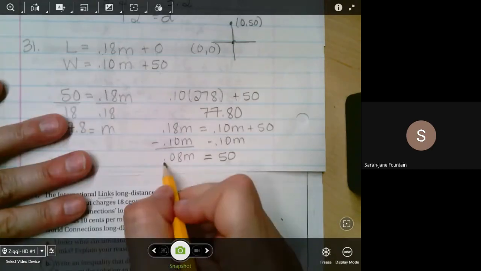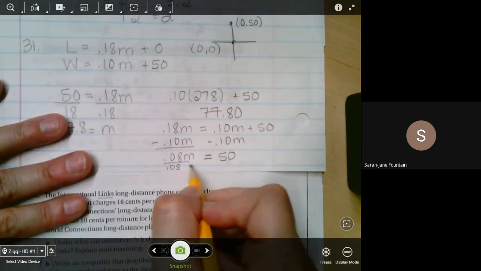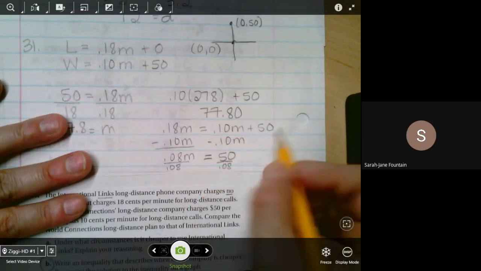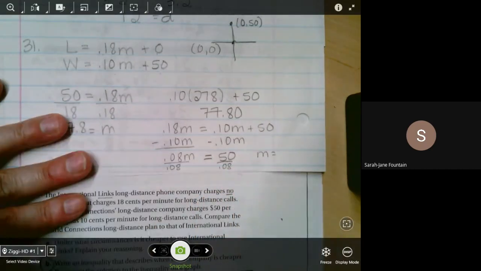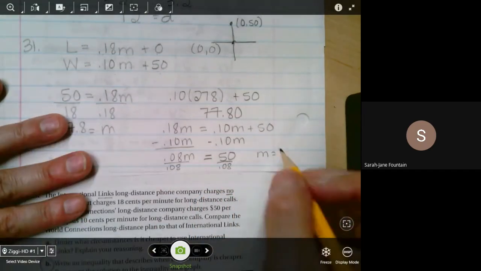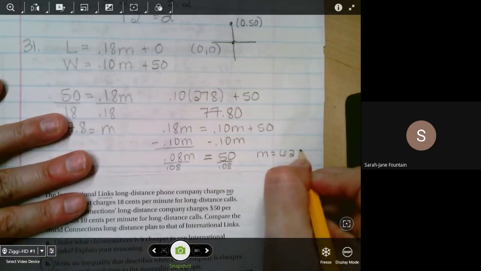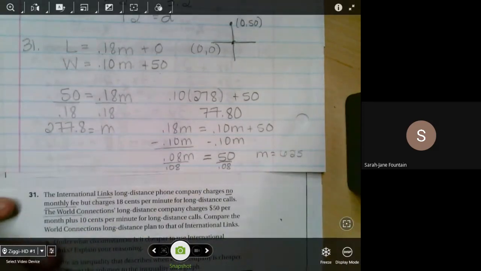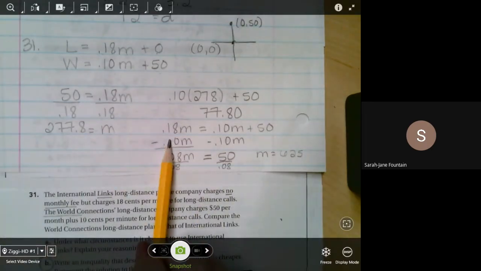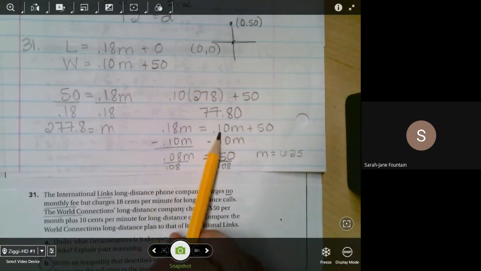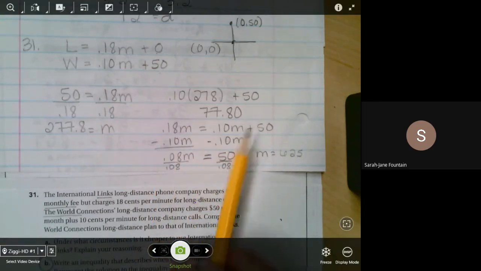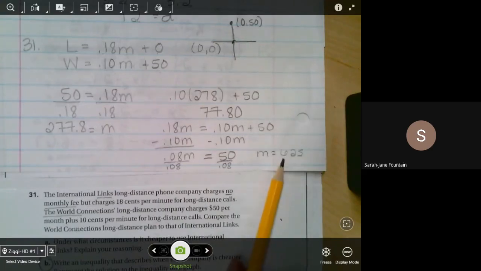So now I'm going to divide by 0.08. 625 minutes. So for these plans to be equal, for my 18 cent a minute plan and my 10 cents a minute plan plus $50, I have to talk for 625 minutes.